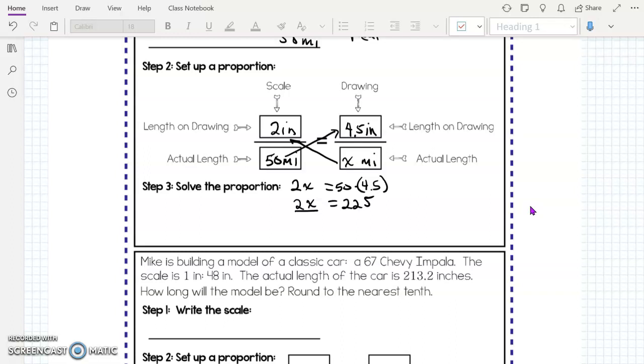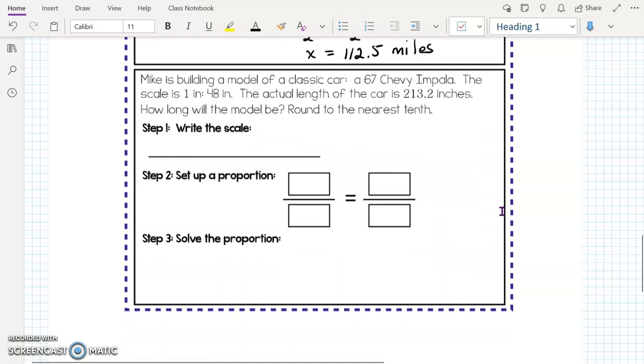And then to find out what x represents, we would divide by 2. And so when I divide by 2, I get 112.5 miles. So our trip would be 112.5 miles.